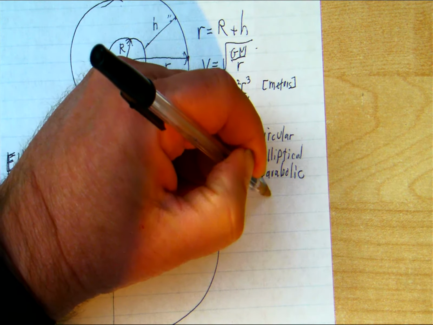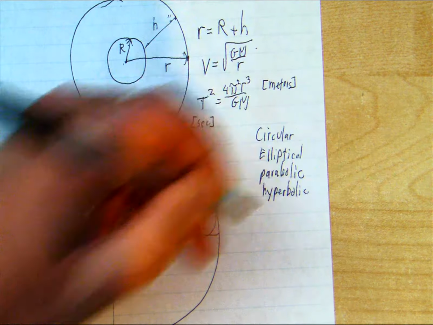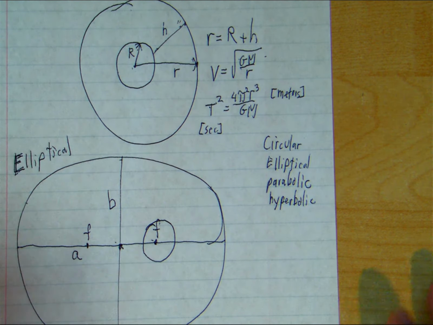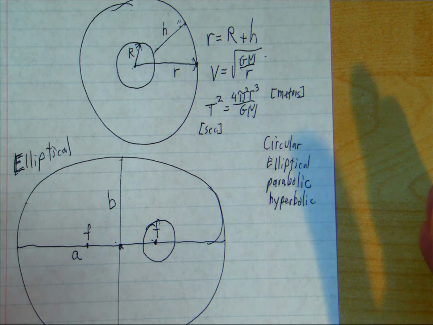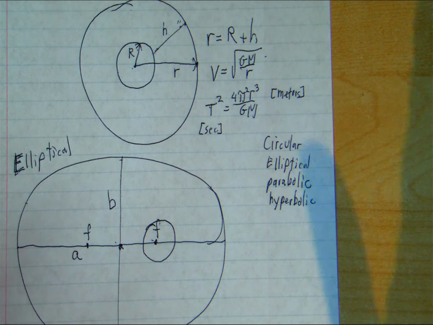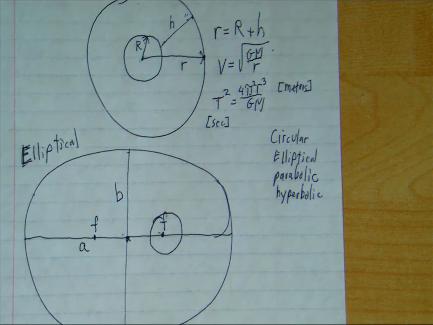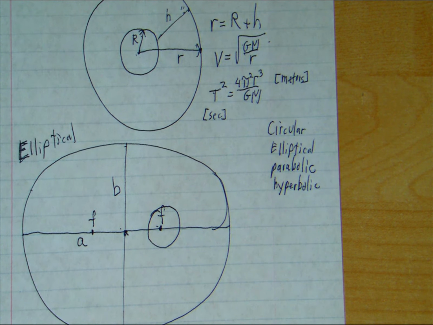And very, very rarely, we even get hyperbolic comets shooting through our solar system, where that means not only did they go to infinity, but when they got to infinity, they were still going with positive kinetic energy. In other words, it's as if they were thrown into our solar system from infinitely far away. Very rarely we do see comets whizzing through on hyperbolic orbits.